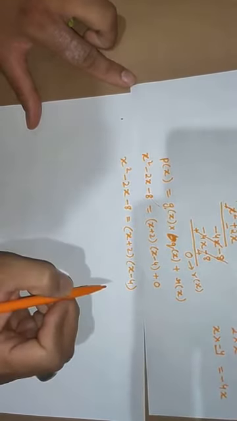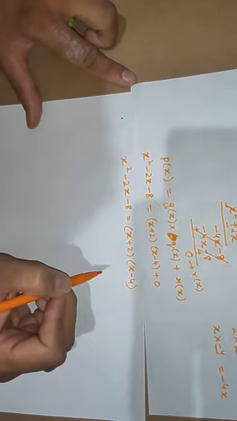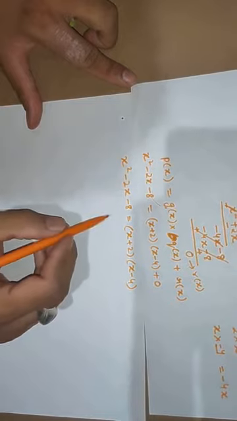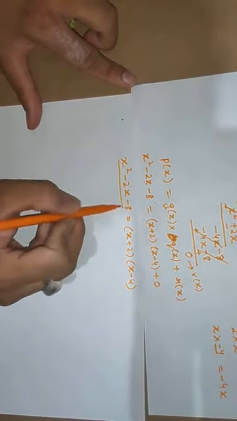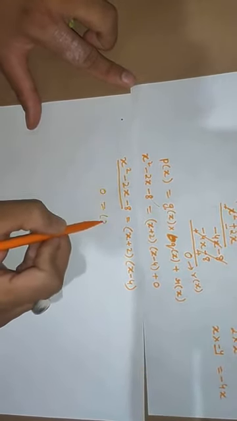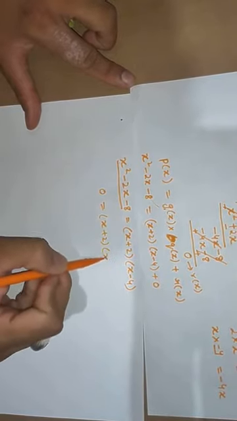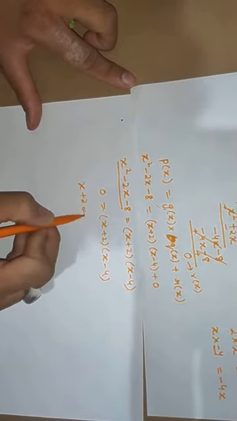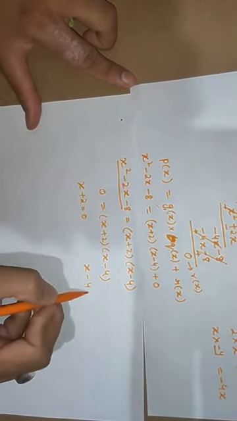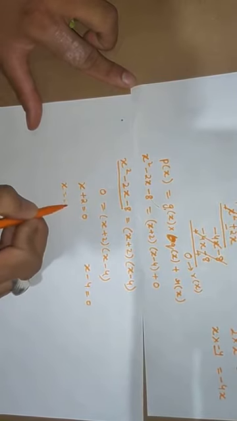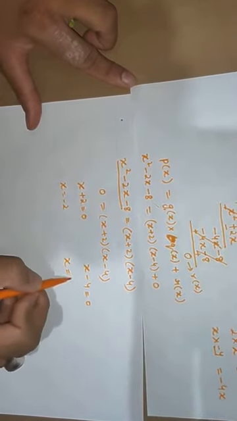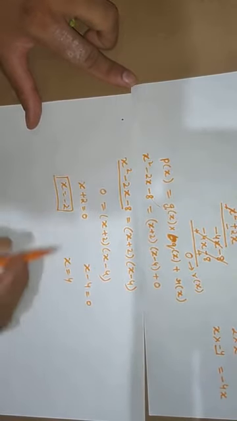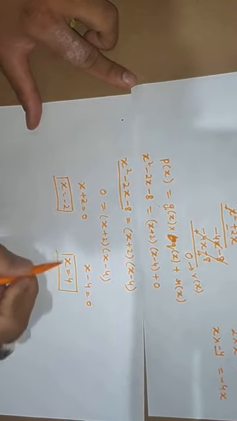Again we are back in the same situation as in exercise 2.2. Now for finding the zeros, I need p(x) equals 0, so 0 equals (x plus 2)(x minus 4). So either x plus 2 equals 0 or x minus 4 equals 0. x equals minus 2 and x equals 4. Minus 2 has already been given in the question, so my other zero will be 4.